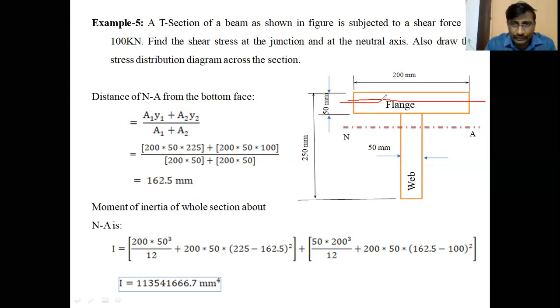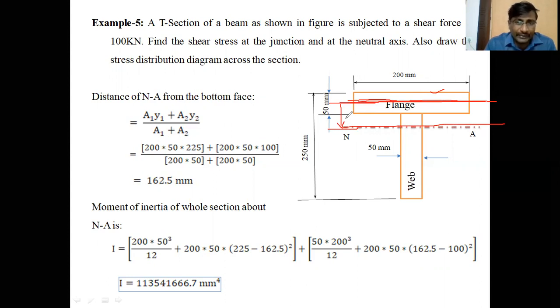But we should know the moment of inertia of this flange about the neutral axis. To calculate the moment of inertia about the neutral axis, first find the moment of inertia of the flange about its own CG and shift that moment of inertia towards the neutral axis by using the parallel axis theorem.